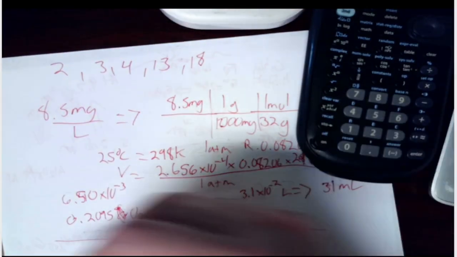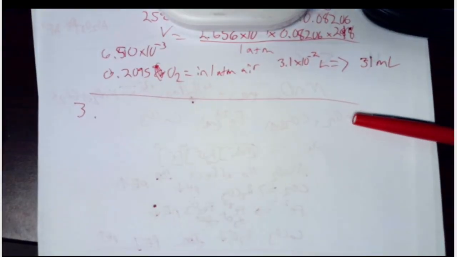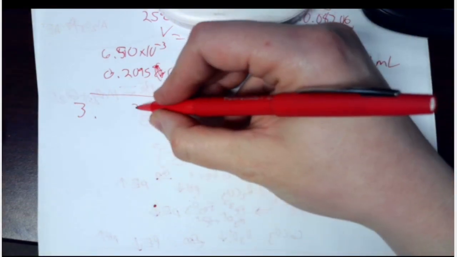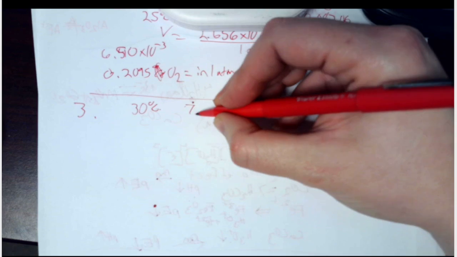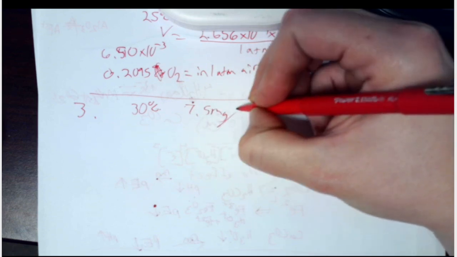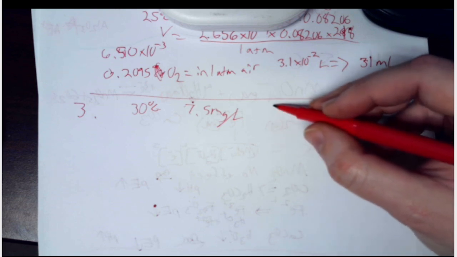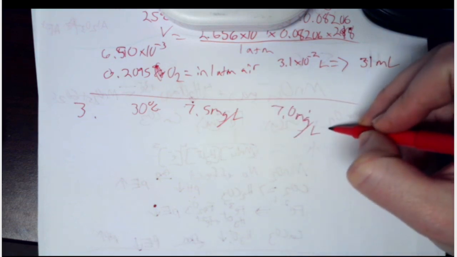Problem 3. At 30 degrees Celsius, the solubility of oxygen is 7.5 milligrams per liter. Consider a water body at that temperature that actually contains 7 milligrams per liter of oxygen.